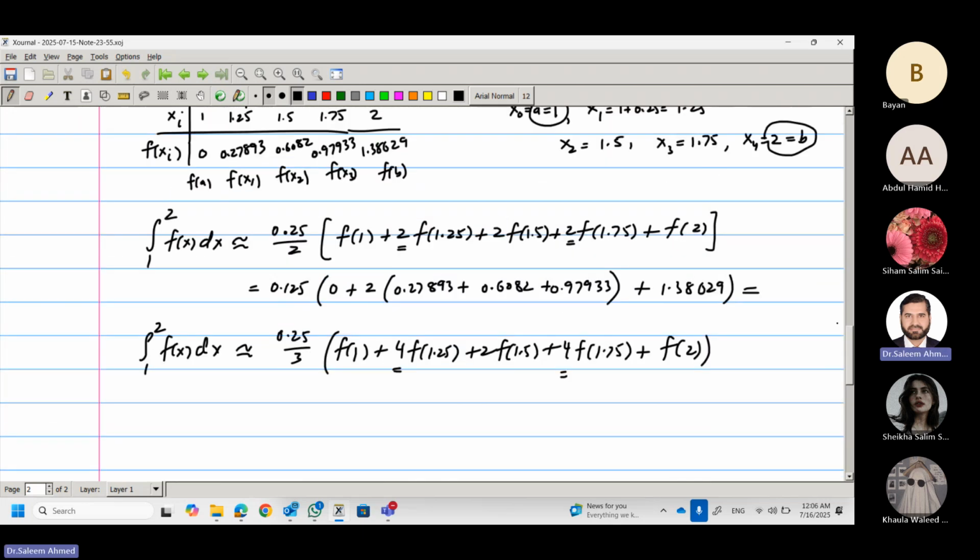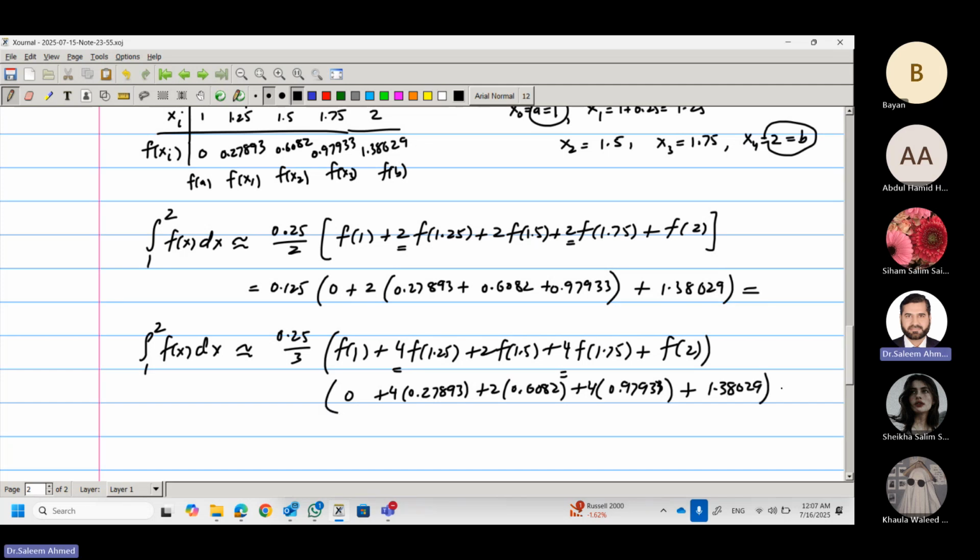Okay, so now you know what are the numbers. 0.25 by 3. So you can replace f of 1, which is 0, plus 4 into 0.27893 plus 2 into 0.6082 plus 4 into f of 1.75, which is 0.97933, and plus f of 2, which is 380.